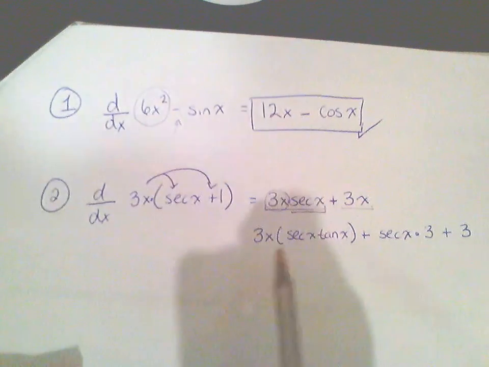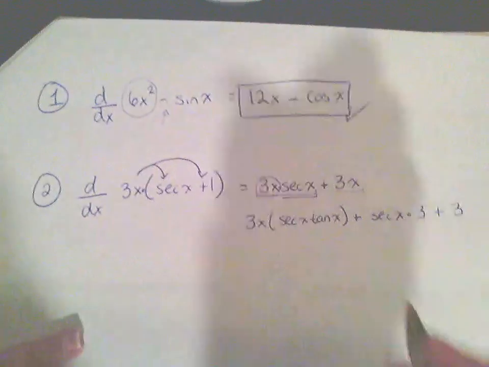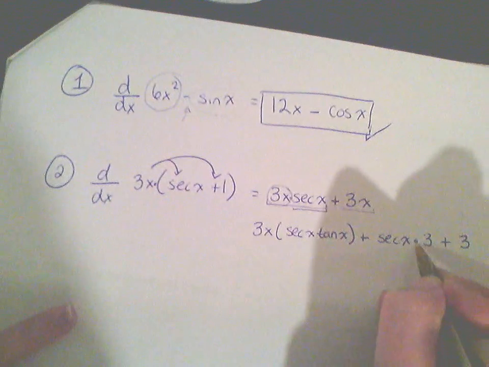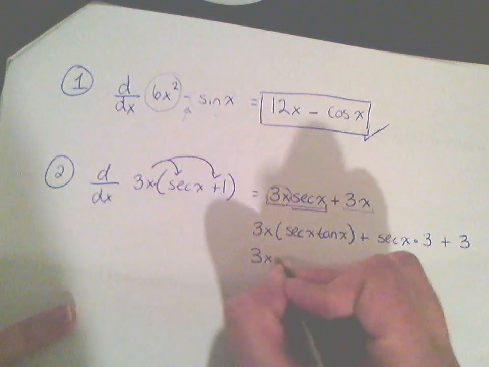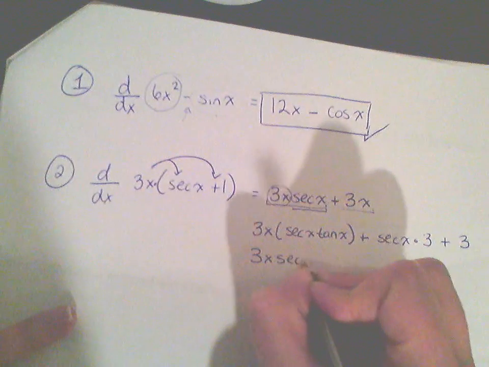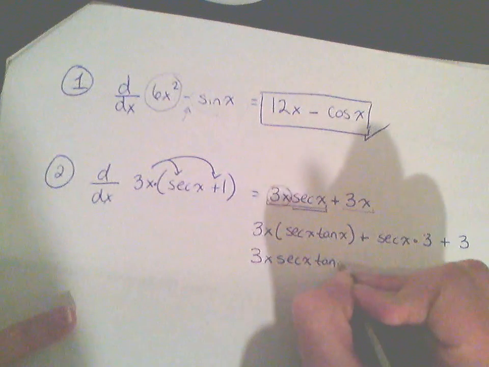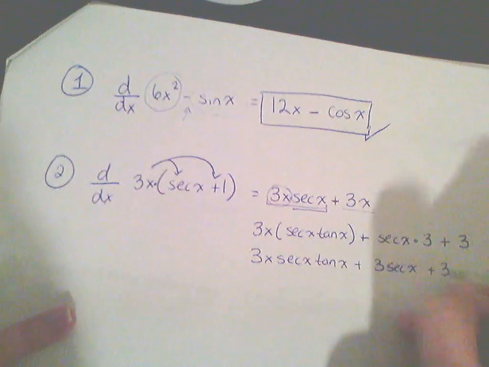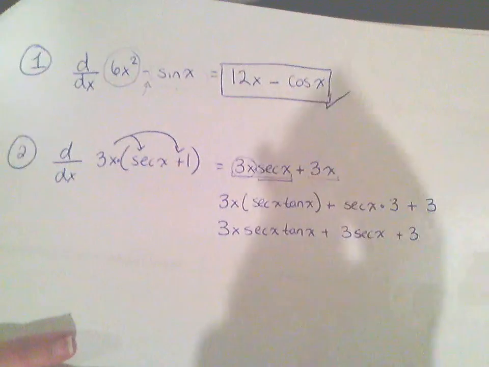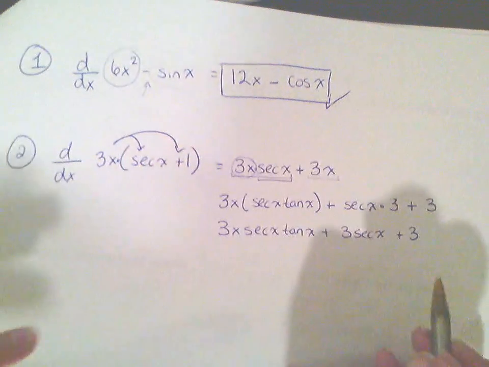All right, and then what do you notice in all of these terms? I'm just going to clean this up a little bit. Instead of putting this times 3, I'm going to put the 3 at the front. So this is 3x secant x tangent x plus 3 secant x plus 3. This is basically the final answer.